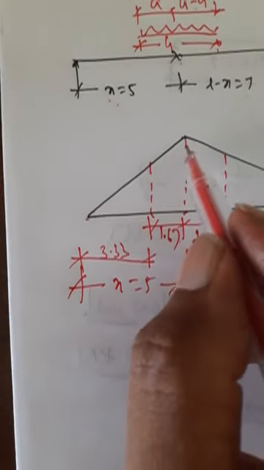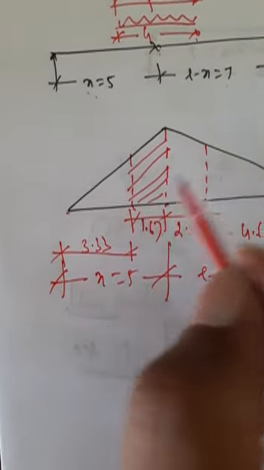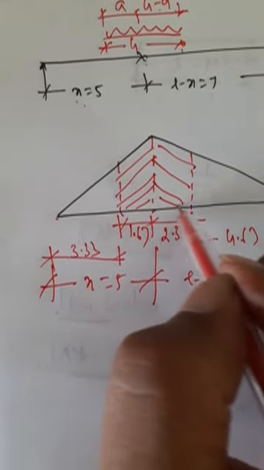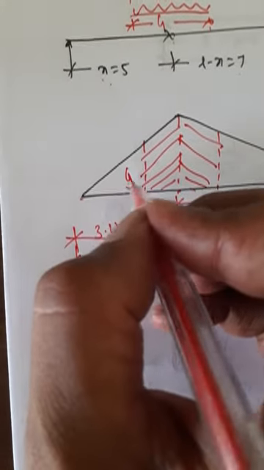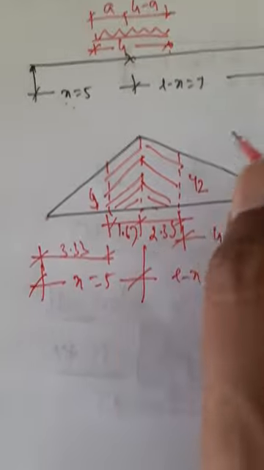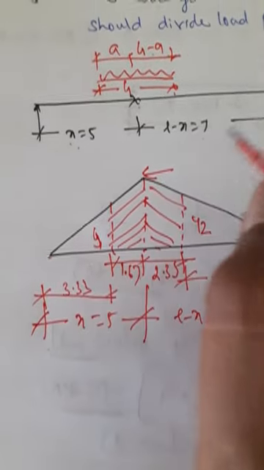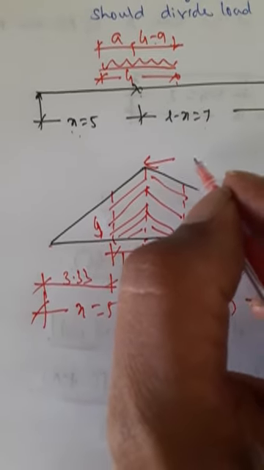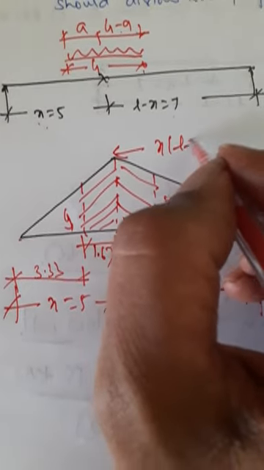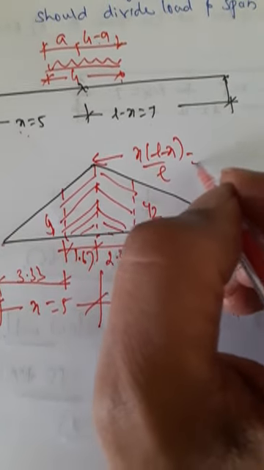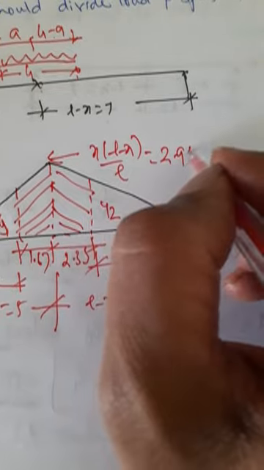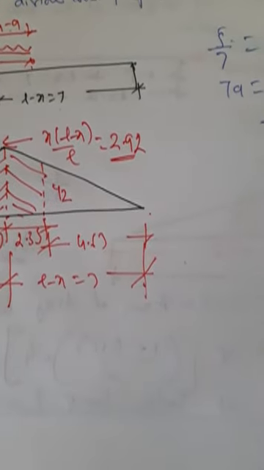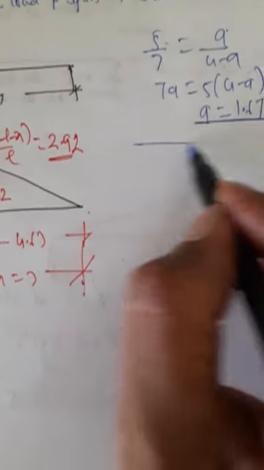Now I have to find area of this and this separately. Let this ordinate be y1, this ordinate be y2. This for bending moment, this value is given by x L minus x by L. So that gives me value 2.92. Now let me solve for y1 and y2.